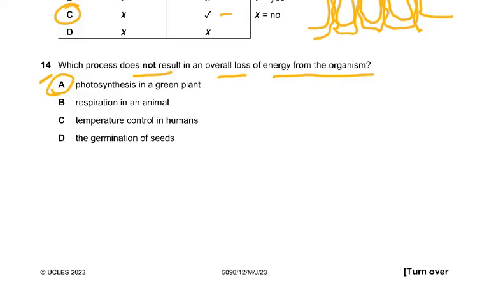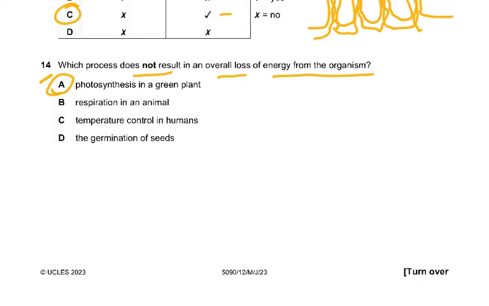Photosynthesis in a green plant does not result in energy loss. In fact, you gain energy, light energy to chemical energy. Respiration in an animal, energy is released. You can say ATP is produced.